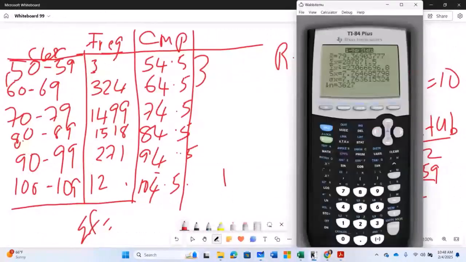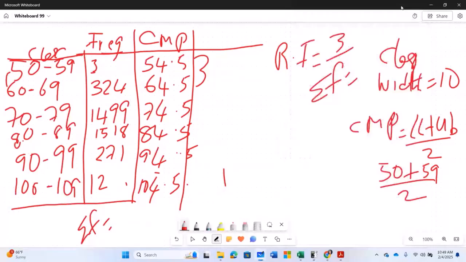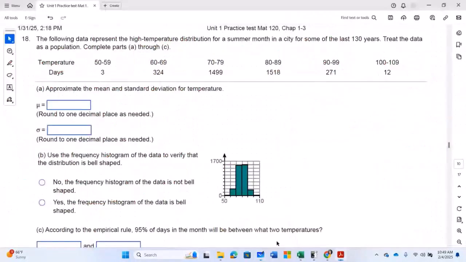The mean of this data, let me say, to 1 decimal point. I want to make sure I round to 1 decimal point.